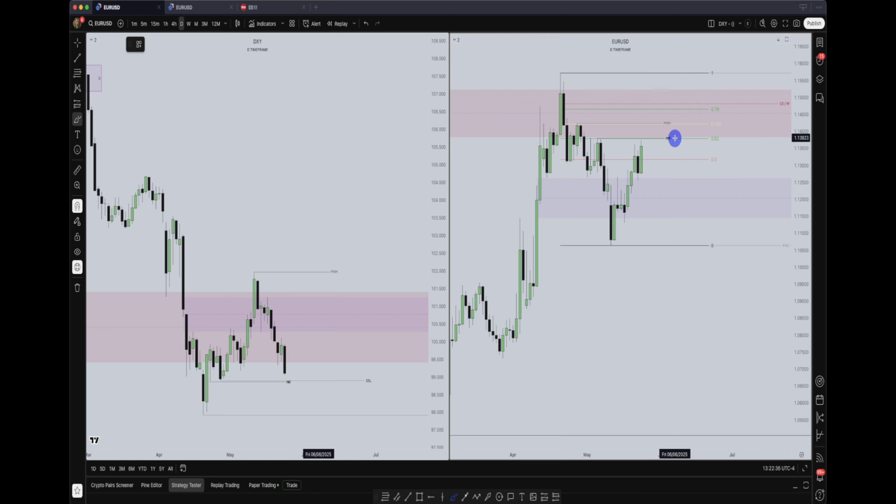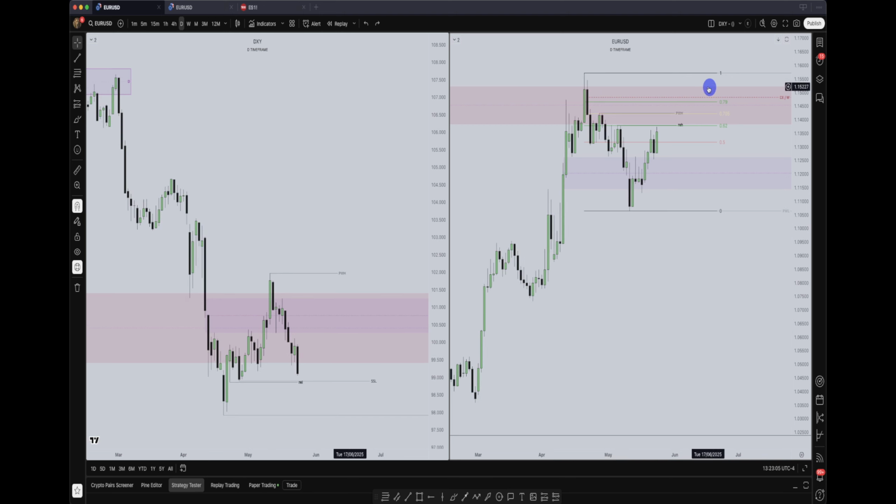Let's see how the price acts at this level, and then we go to a lower time frame and we seek a market structure shift, and we can start thinking to search for a short entry, right? But time will say. For the moment, this is my analysis.